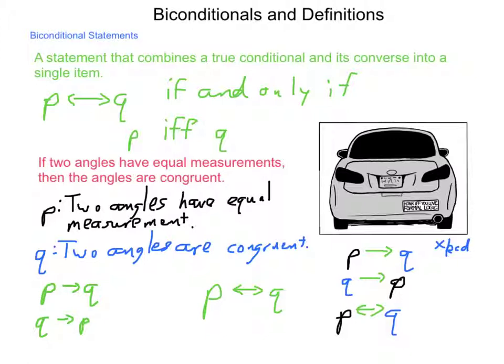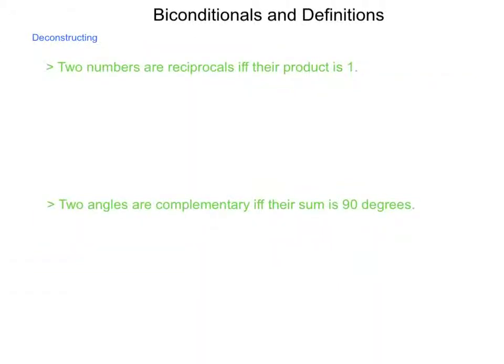Now, when we have these biconditional statements, being able to deconstruct a statement into its pieces becomes very important. We got a little bit of a head start with this in our introduction to conditional statements, but let's take a look at it in this context now with biconditionals. Two numbers are reciprocals if their product is 1. Let's break this down into its pieces.